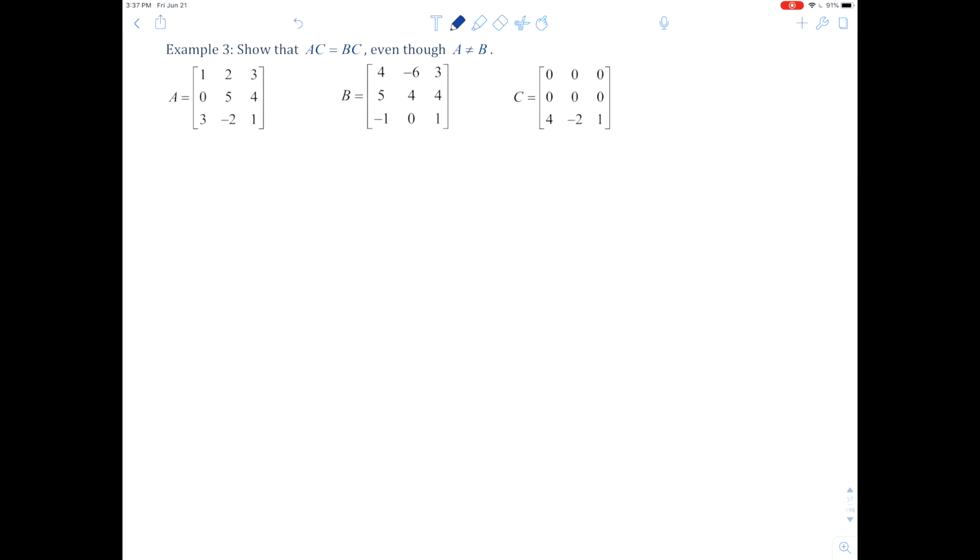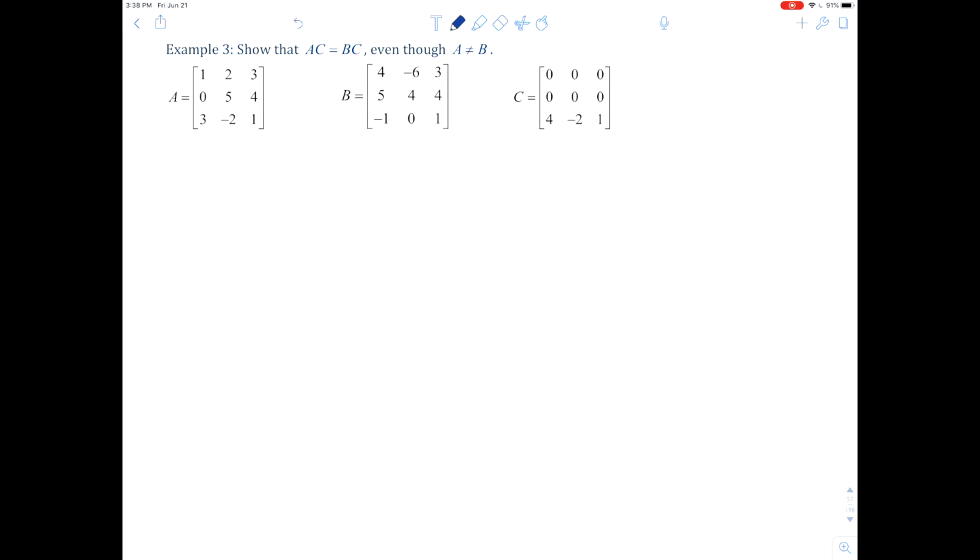All right, so here we go. Show that A times C equals B times C, even though A does not equal B. What I'd like you to do is pause the movie and try doing the multiplication by hand to make sure you can do it on the exam. You can definitely double check your result using the calculator or Octave or whatever you're using. So either pause the movie, work it out yourself, and then check your result, or work with me.